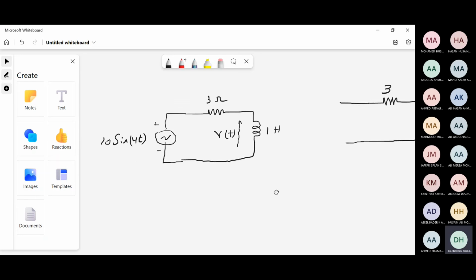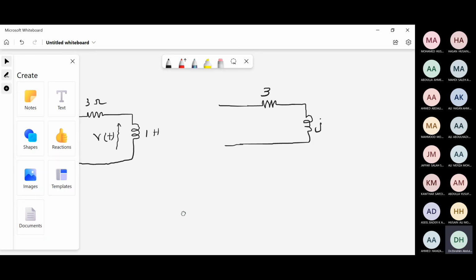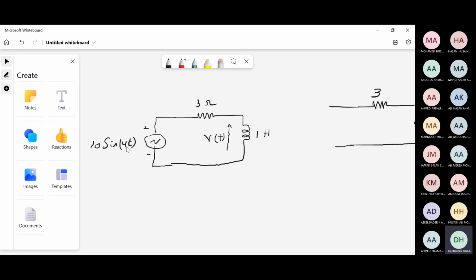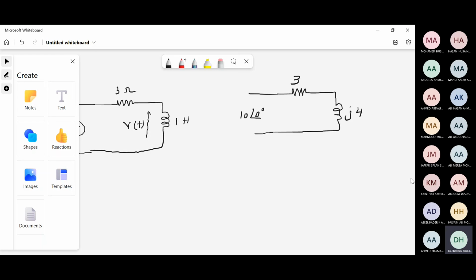And XL is equal to omega multiplied by L, so it is 1 multiplied by 4, which is equal to j4. Also, we change this source to a phasor, which is equal to 10 angle 0 here. Then, yes, we can apply voltage divider here.